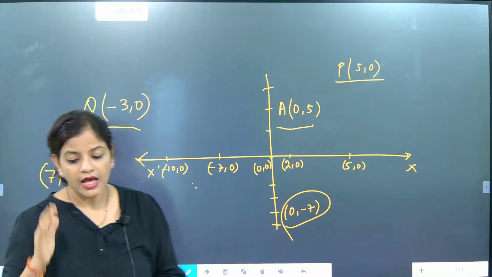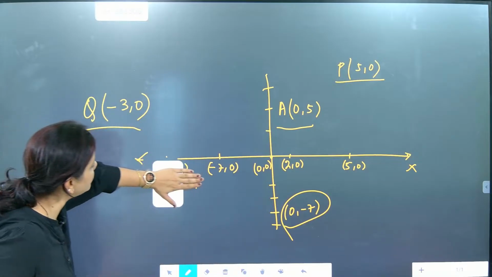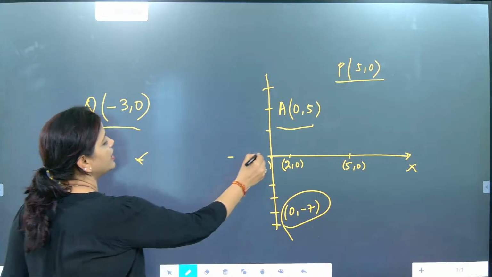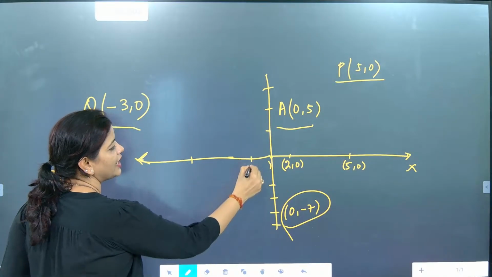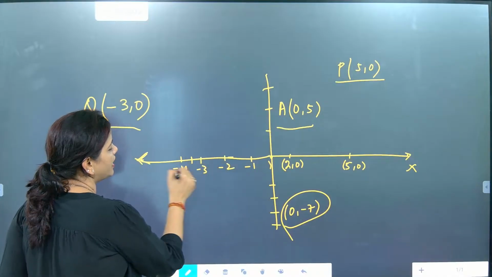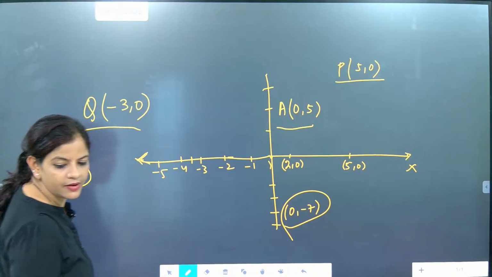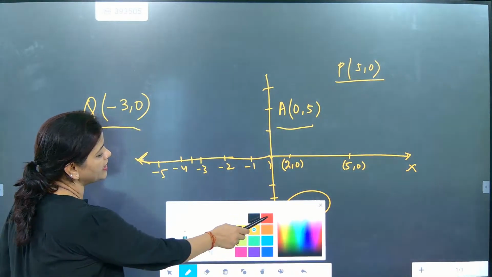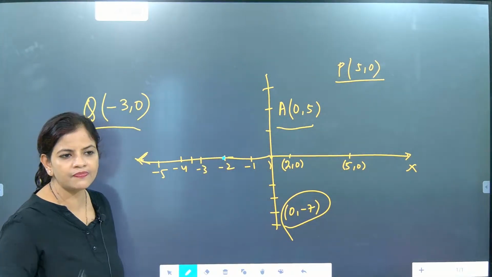So here, if anybody writes any point, like I want to write from -1, -2, -3, -4 and -5, when we write any point like that here, y value will become 0.